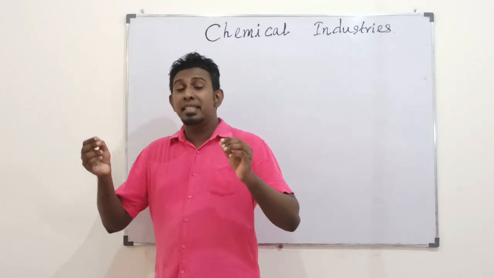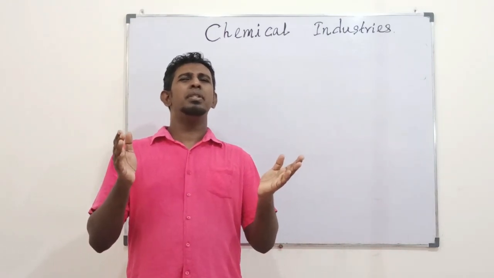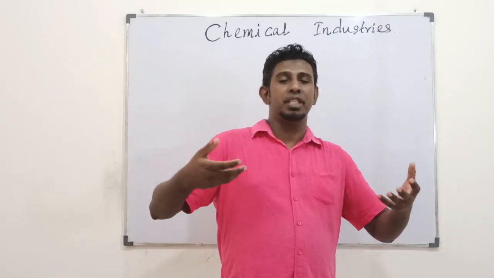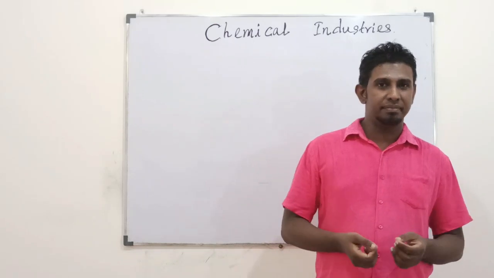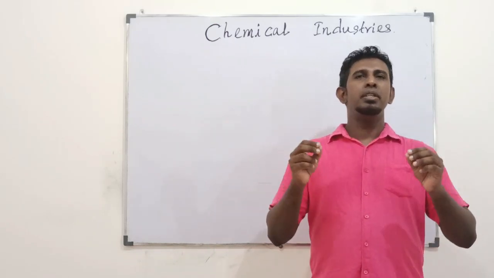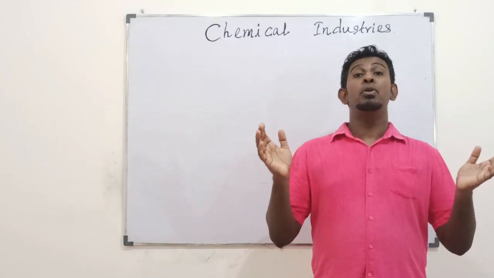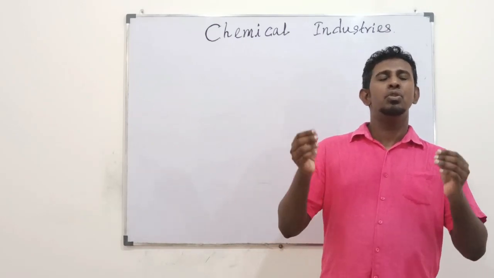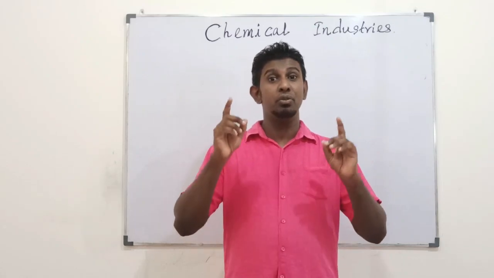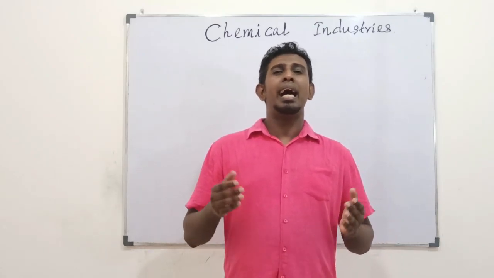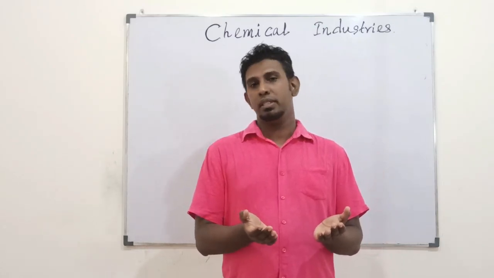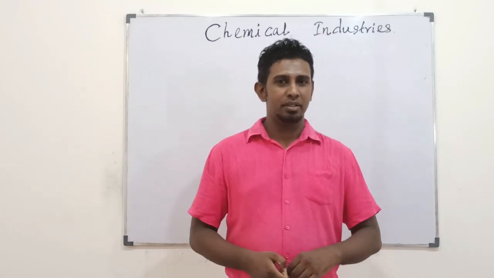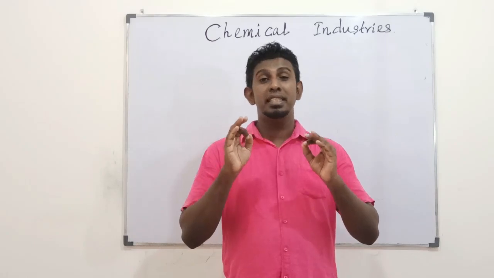Then as the second point, you need to think about the raw materials that you need for your industry. You need to find out possible paths to get those raw materials. Whether those raw materials are available, you need to think of them. Then are they cheap? It's very important. Those raw materials need to be available and cheap.